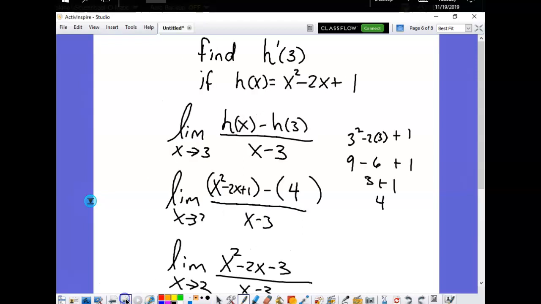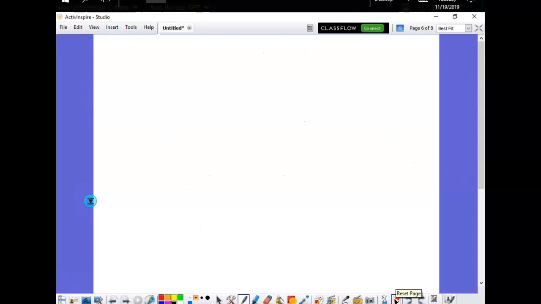Okay, so now let's move on to some other problems. So you guys have the idea, so I don't think I'm going to do examples of practice. I'm just going to throw problems at you guys and let you drill through them and see if you get the right answers. So let's say I have g of x equals x squared minus 5x plus 9, and I want you guys to find g prime of 2.